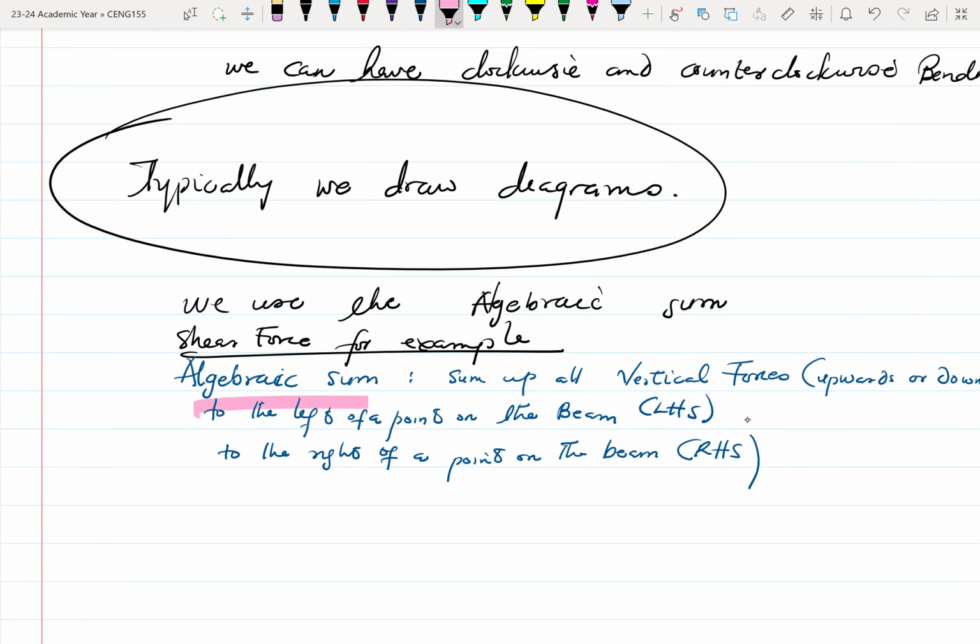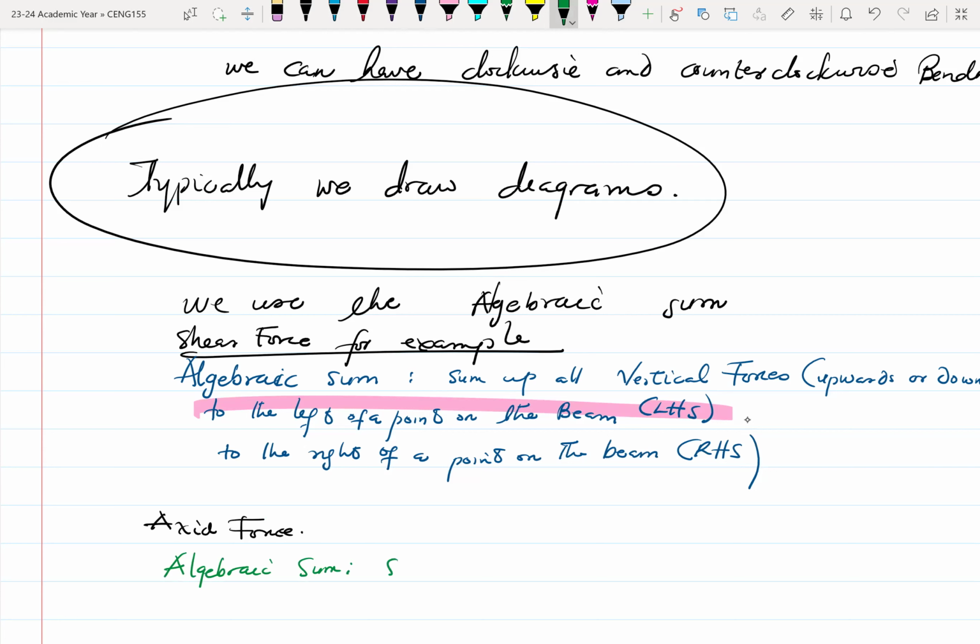So the most common is the right-hand side. So this is for shear force. If it were for axial forces, then we would say that any axial force is the algebraic sum.